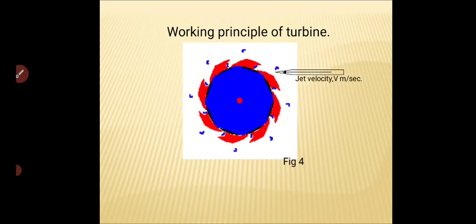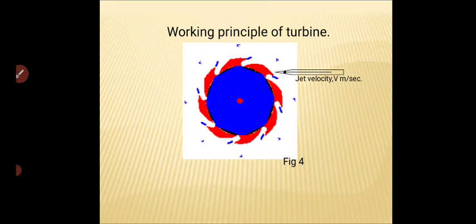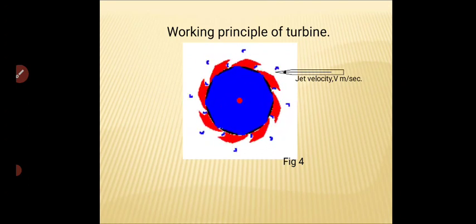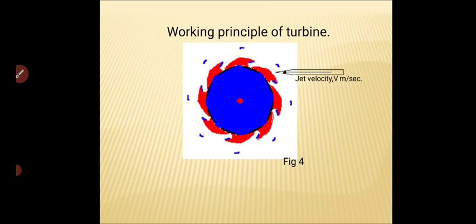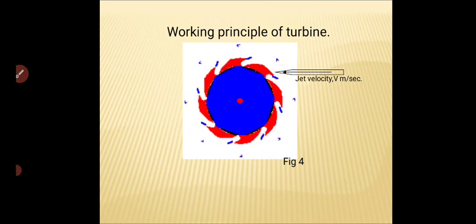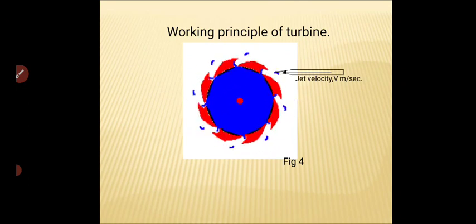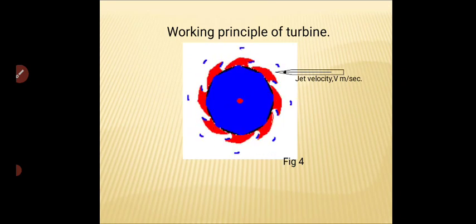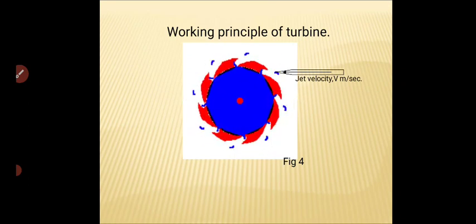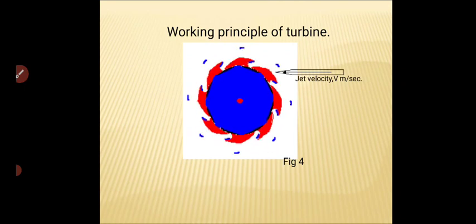The nozzle converts the available head into a high velocity jet which strikes the runner buckets. Here the deflector is also there. Different types are there.